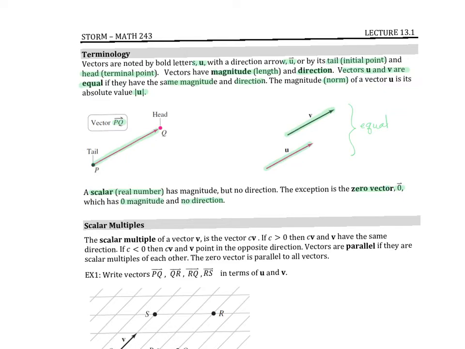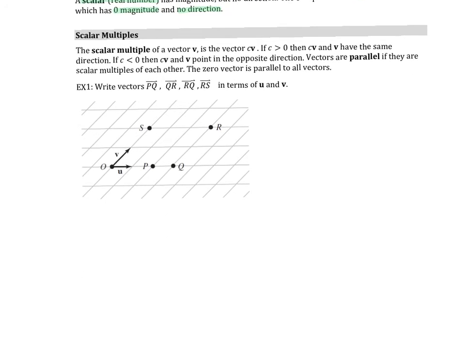We're going to do some examples with scalar multiples of vectors. So the scalar multiple of a vector is denoted by c times our vector v. If c is positive, then the vectors cv and v have the same direction. If c is negative, then cv and v are going to point in opposite directions.